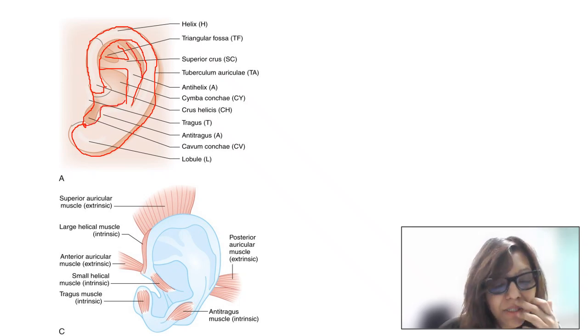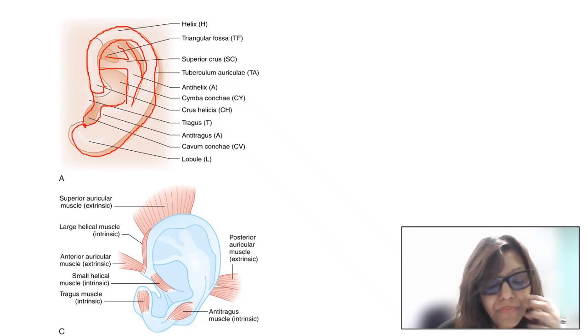Besides this, you just need to know a little bit of the muscles. This is if they ask you. Some old timer examiners might like this question. So the intrinsic muscles are the tragal muscle, the antitragal muscle, the oblique muscle, and the transverse muscle.